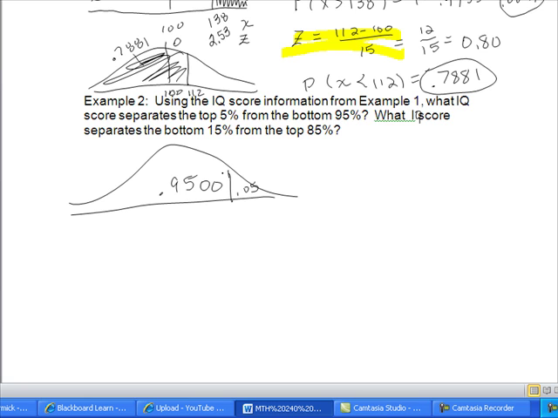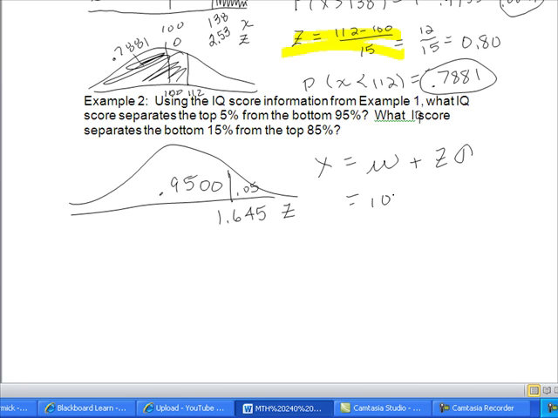So that's the z-score. What we want is the x-score. In our case, our mu was 100, our z-score is 1.645, which we just got from the table, and 15 is the standard deviation.